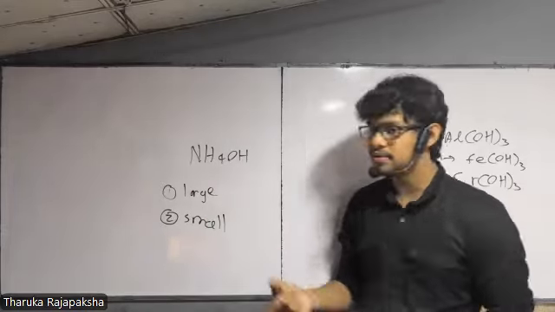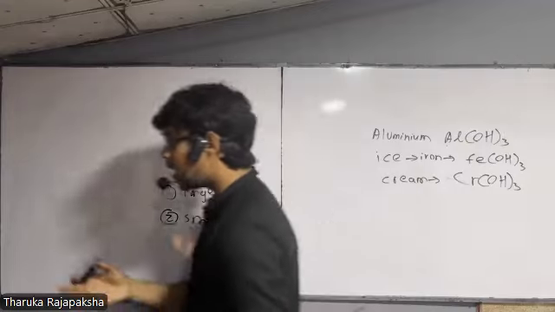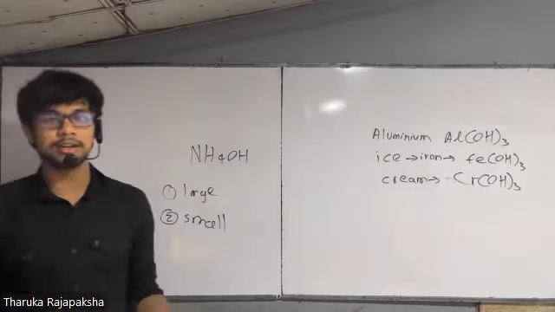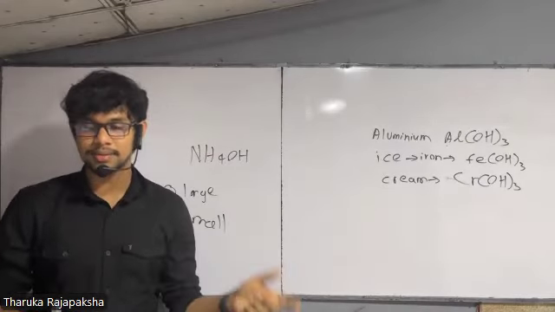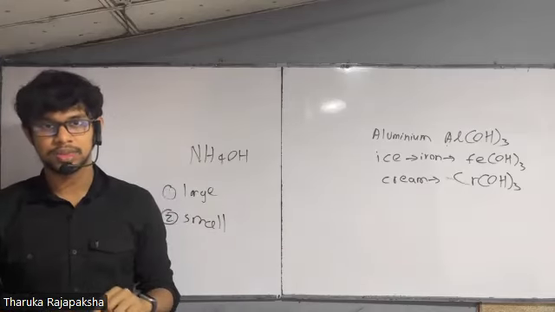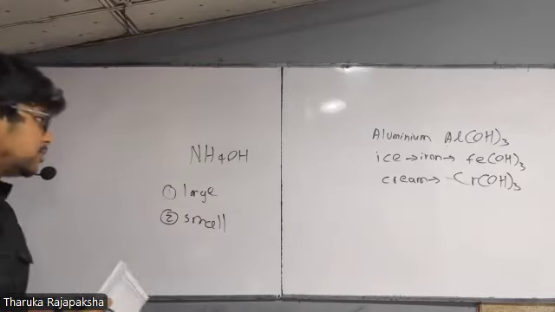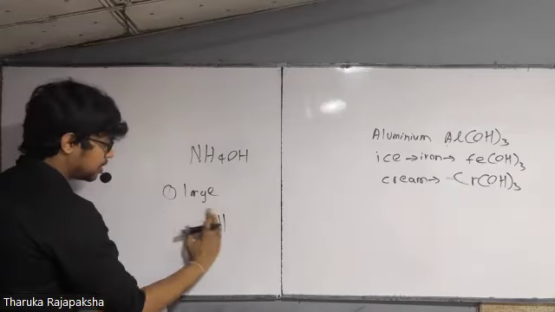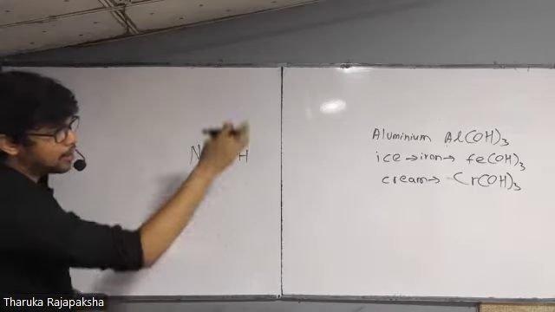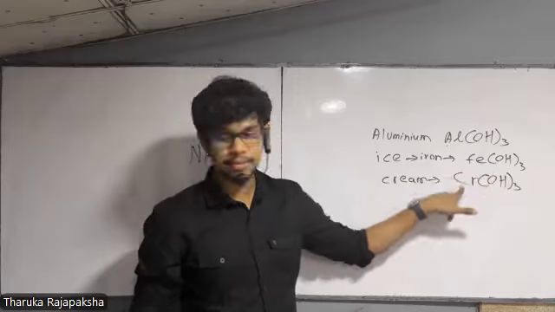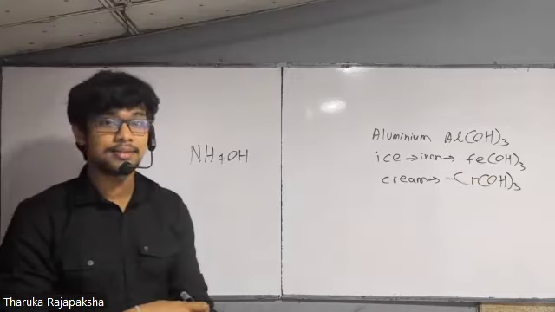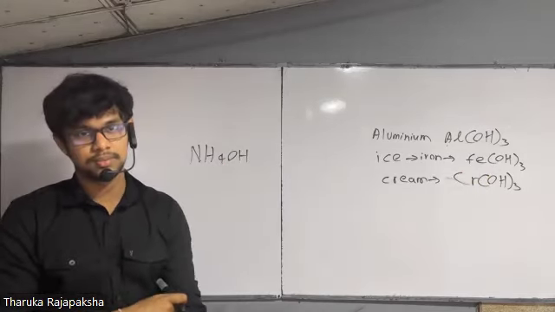So these cations are also like this. Some cations need a large amount of sulfide or hydroxide or whatever the anion is to precipitate. Some need only a lesser amount. This aluminium, iron 3 plus and chromium 3 plus only need a small amount to precipitate.